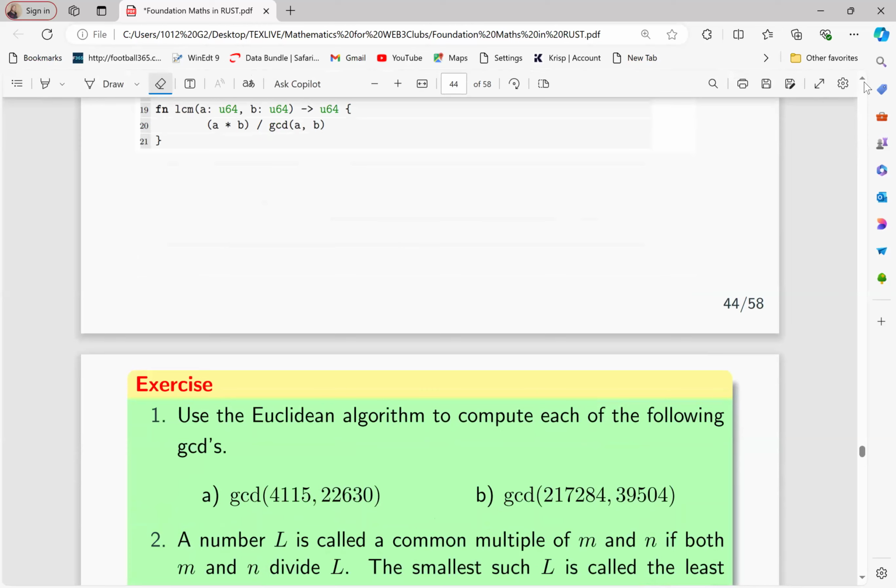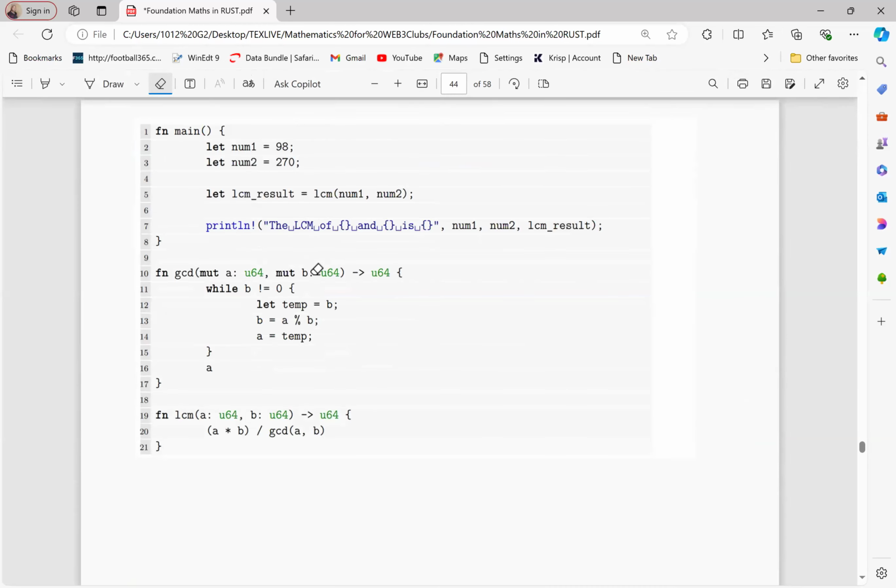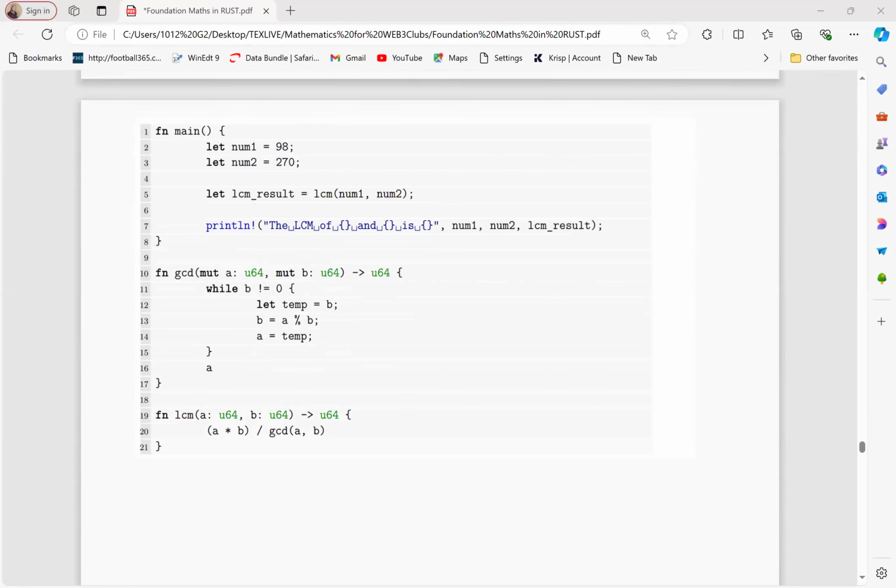Oh, I needed to show, do I have that? Let me see if I have it. Okay, let me just open.